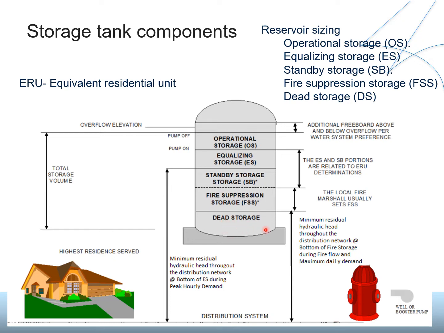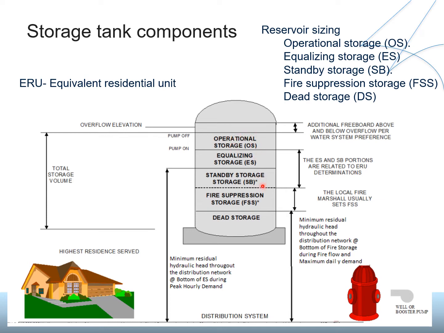So this is called dead storage. The next volume of water is used for fire suppression, that is, during the event of fire. The third one is called the standby storage. Then there is another one which is called equalizing storage, and the last one is operational storage.